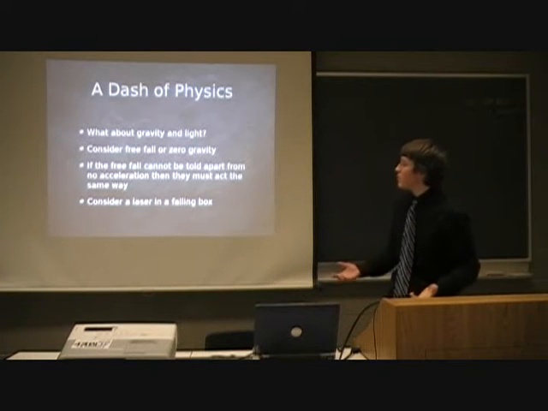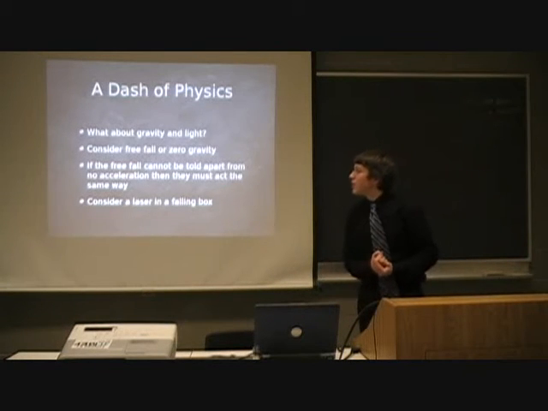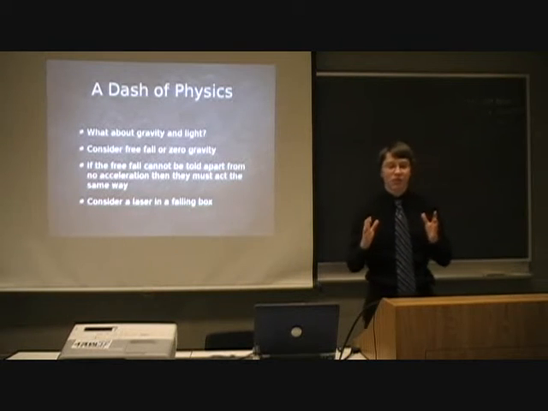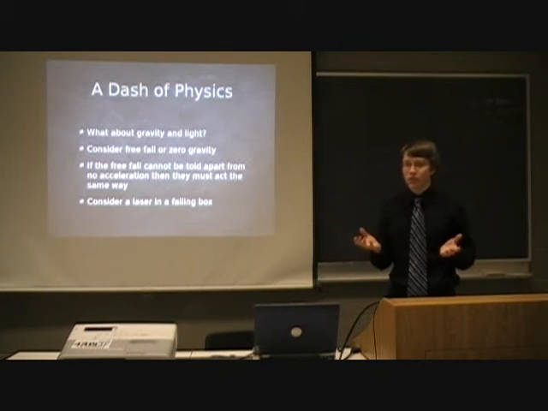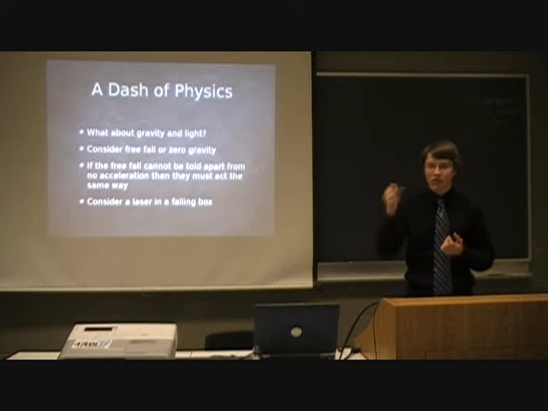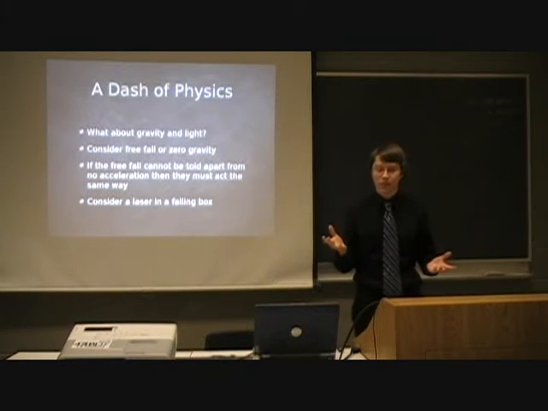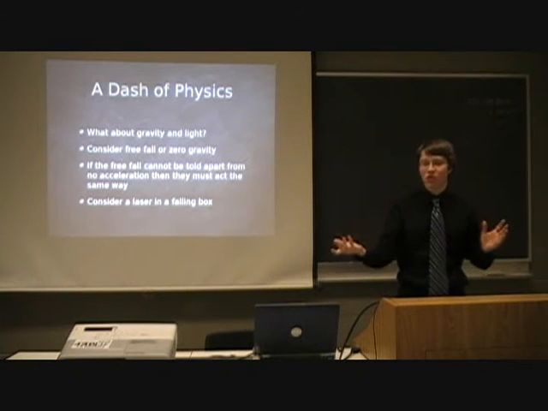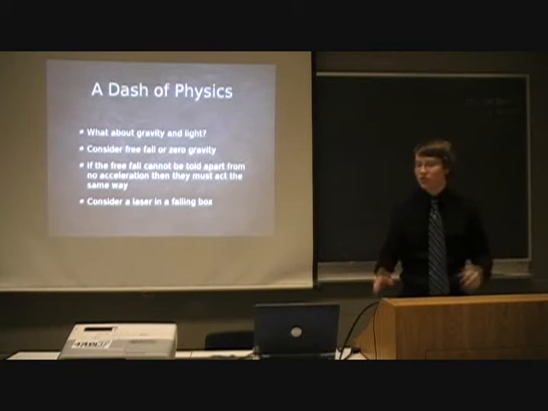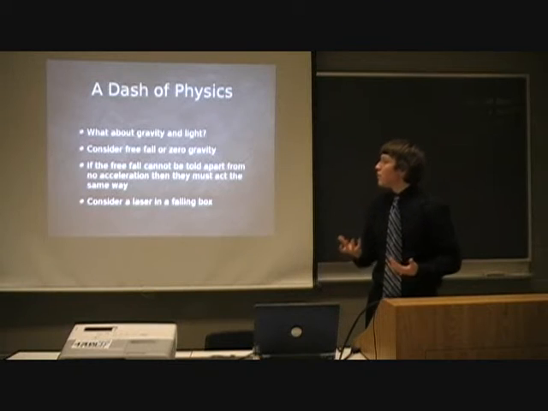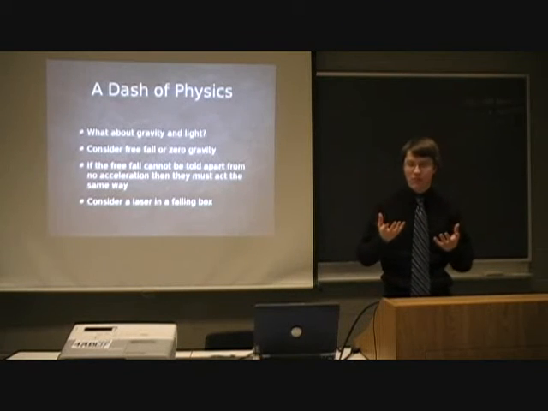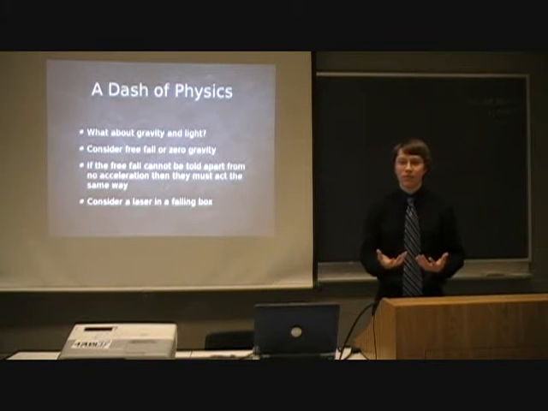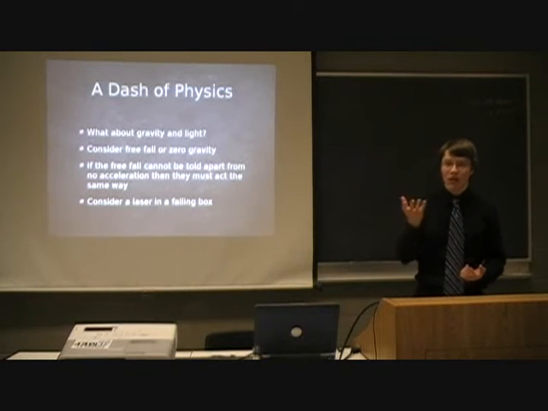So, now, what does this mean for gravity and light? If you have a person in a box, and there's no gravity whatsoever, they're going to take an object, let it go, and it's just going to sit there. They're going to take a laser pointer across the box, and it's just going to go straight. Now, if this person in their box is in free fall, they're going to take something out and let it go.